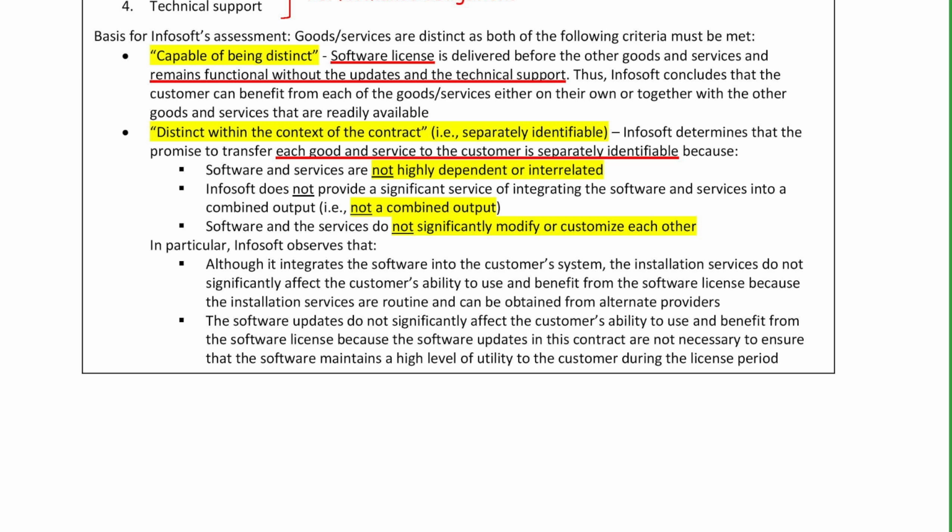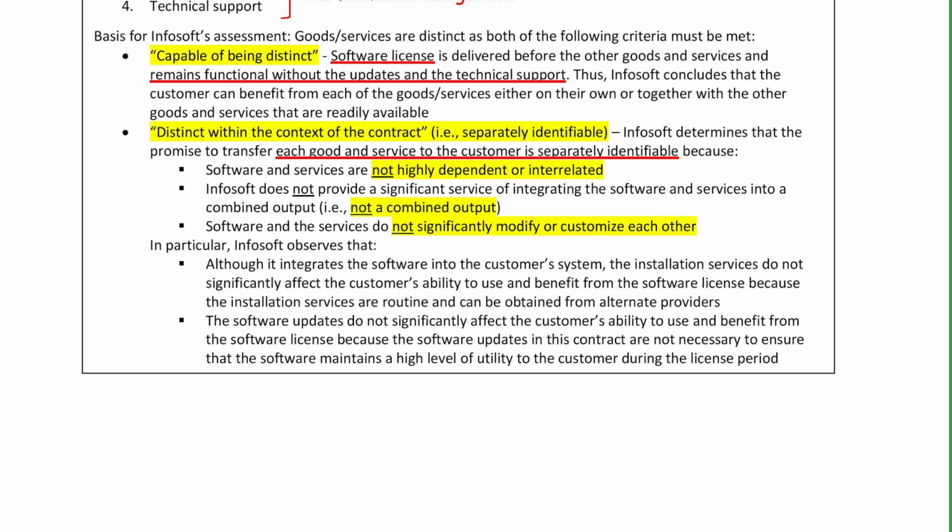Also, the software updates do not significantly affect the customer's ability to use and benefit from the software license because the software updates in the contract are not necessary to ensure that the software maintains a high level of utility to the customer during the license period.